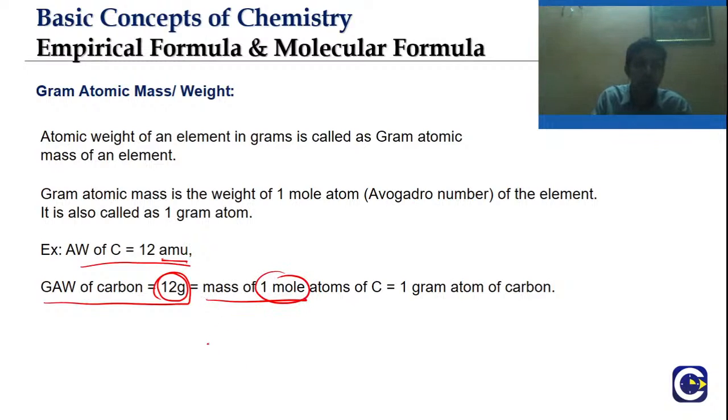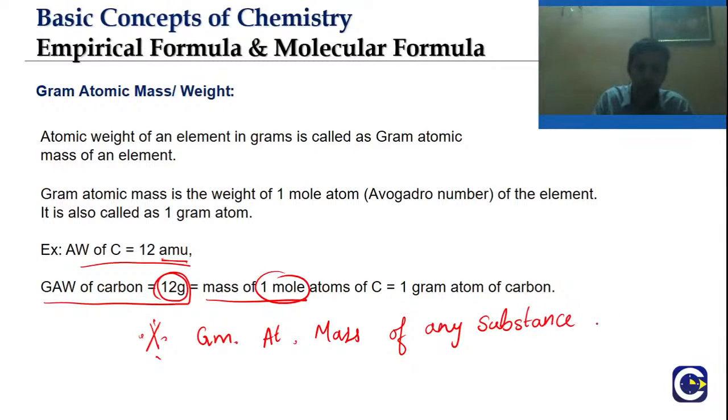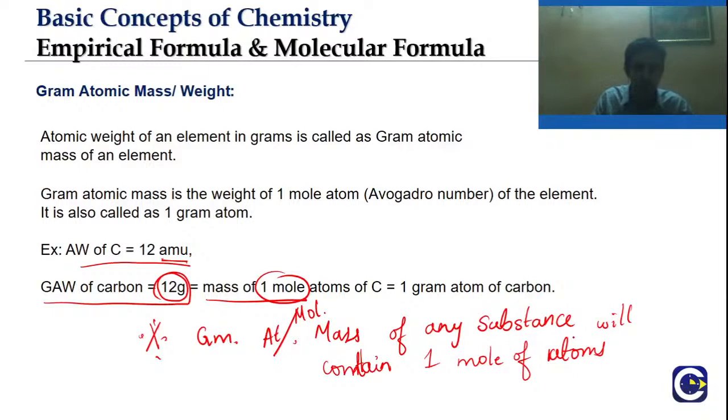Always remember, you can write down in your notes: gram atomic mass of any substance will contain 1 mole of atoms in it. To make it more generalized, you can write gram atomic or molecular mass of any substance will contain 1 mole of atoms or molecules in it.